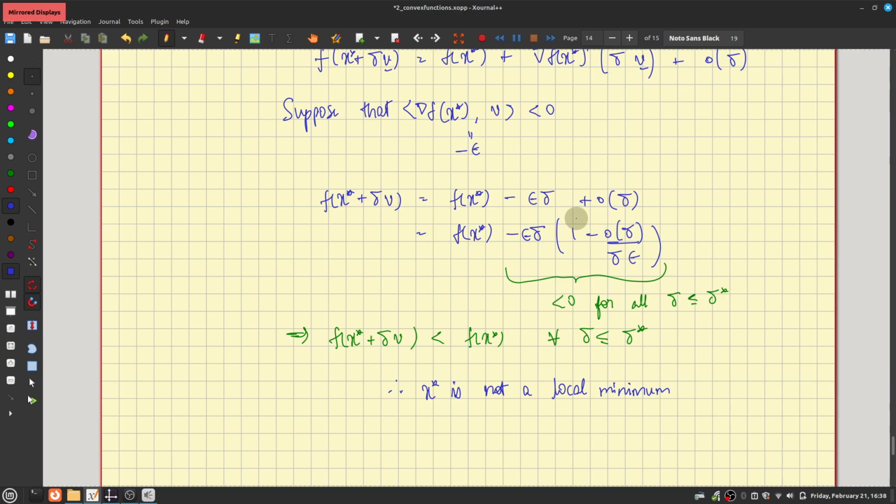We're only interested in delta that is sufficiently small. So when I say little o of delta, again, it's notation, nothing else. This basically means that the limit as delta tends to 0 of little o of delta divided by delta is equal to 0.